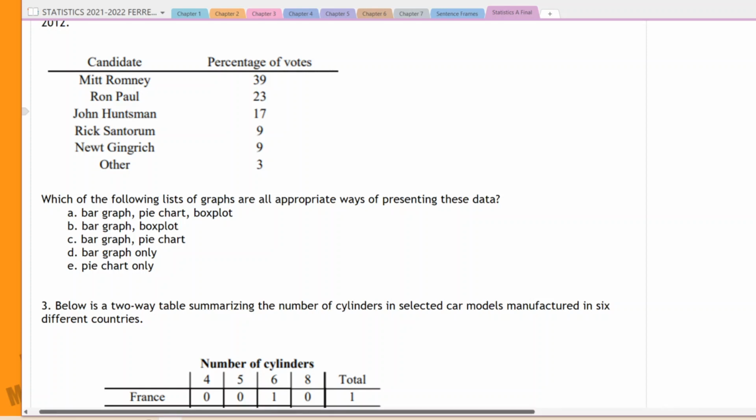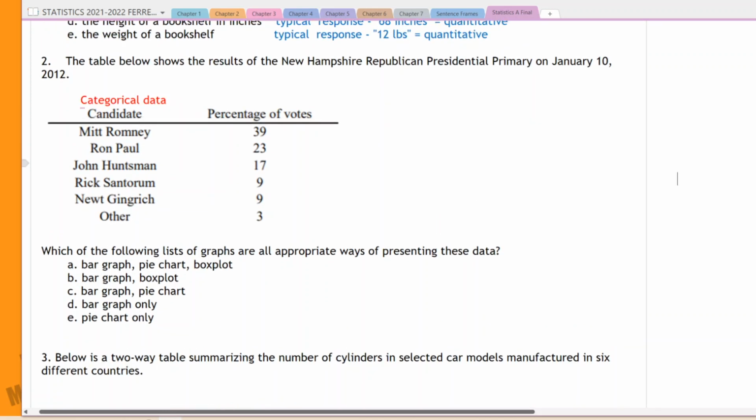The thing that I want to highlight for you is that these are all categorical data. Mitt Romney is not a numerical response. We're counting how many people, or what percentage of people, voted for Mitt Romney in that Republican primary.